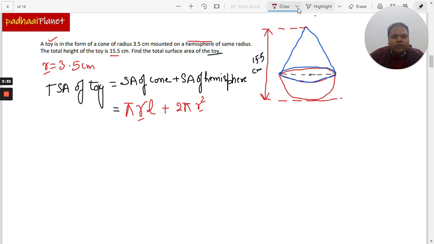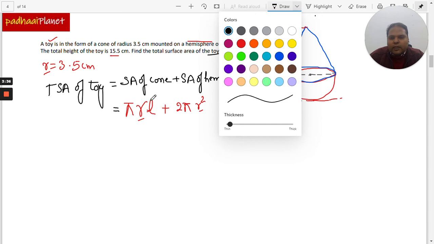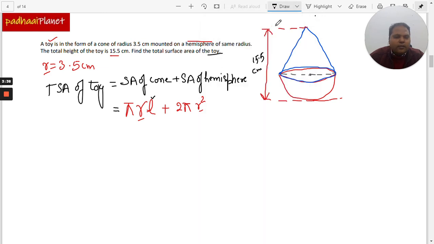What we don't have is the L. Now this L is basically the slant height of the cone, right? Now we need to calculate that. And how do we calculate it? Let's consider a straight line here, and that's a right angle, right?